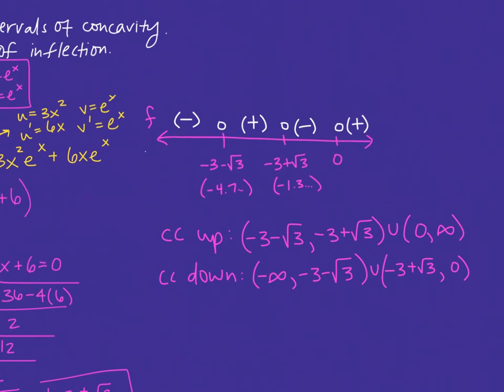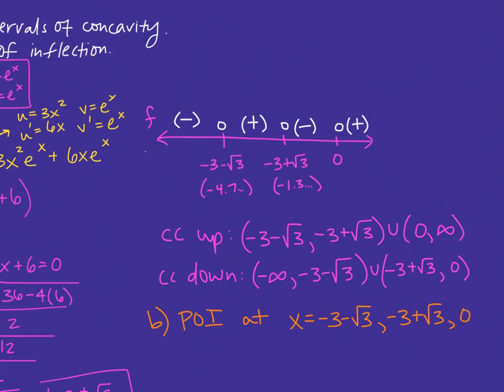We can come to the following conclusions about our intervals of concavity. And then, because points of inflection are where concavity changes, we know that we have points of inflection when x equals -3 minus root 3. We have them at -3 plus root 3, and we have them when x equals 0.